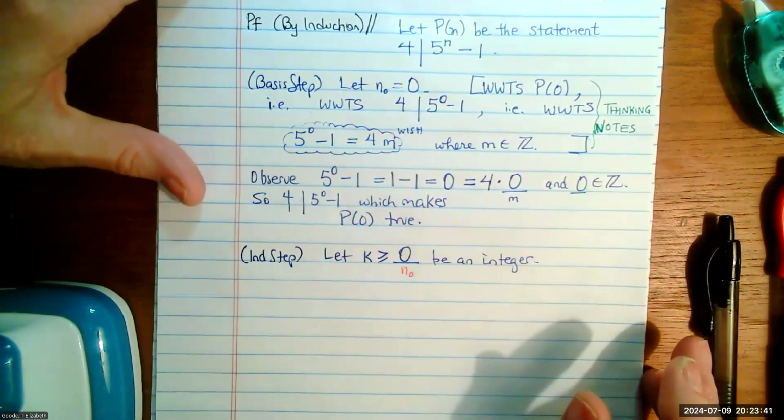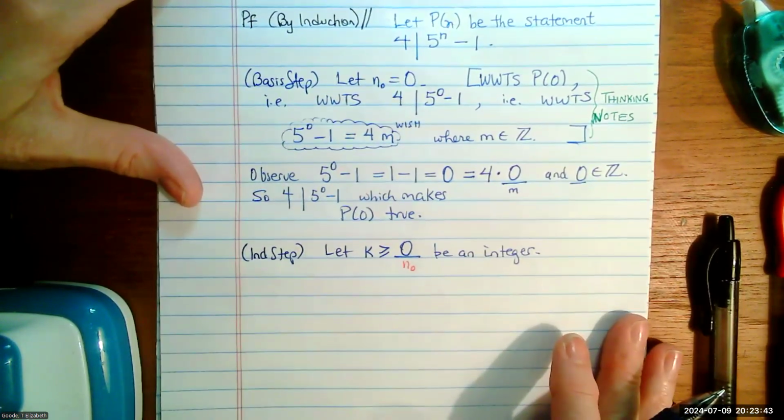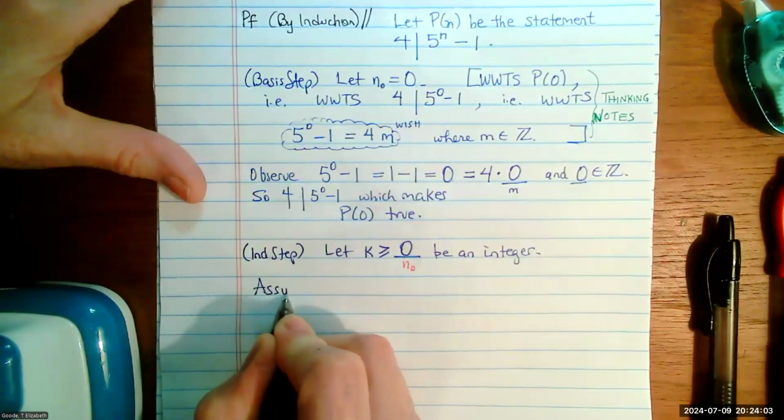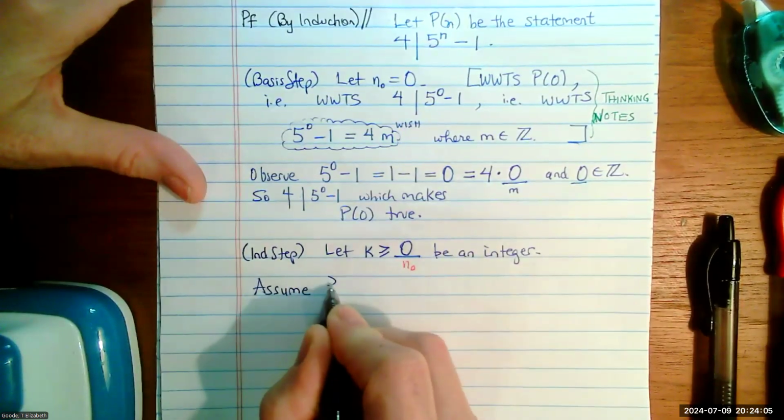Now what do we say? What is our every-time statement inside the induction step? Always got to say it. We're going to assume P of k is true. Yeah, it's nicely done. Email me for a couple of points.